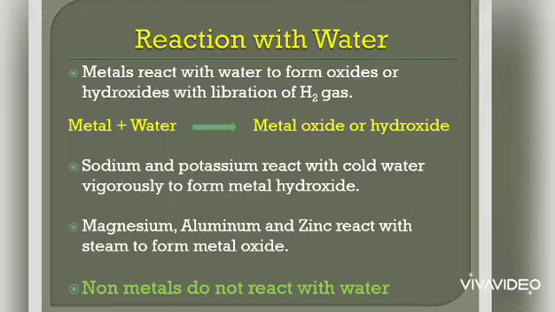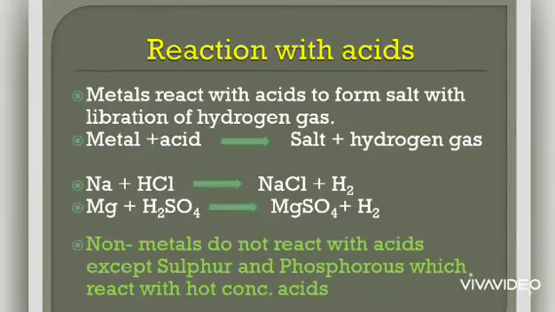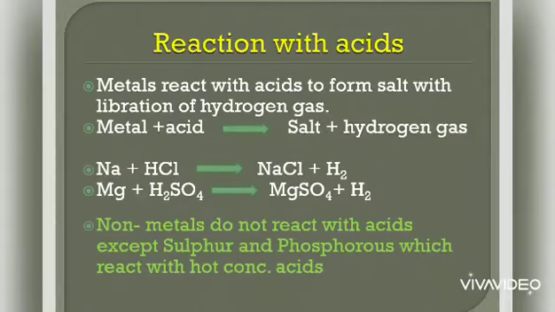Another reaction is the reaction with acids. Metals react with acids to form salt and liberate hydrogen gas too. We have taken two examples here. One is hydrochloric acid, which reacts with sodium metal to form sodium chloride salt and liberate hydrogen gas.